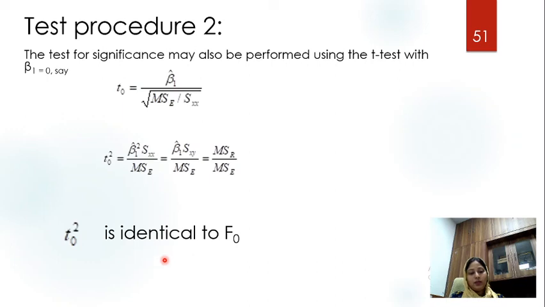Now the choice depends upon whether you need to test a two-tailed alternative, because F gives you a two-sided test, whereas the t-test offers more flexibility in the sense that you can test both the right-tailed alternative or the left-tailed alternative in your alternative hypothesis.